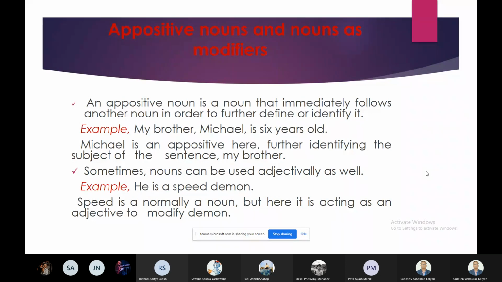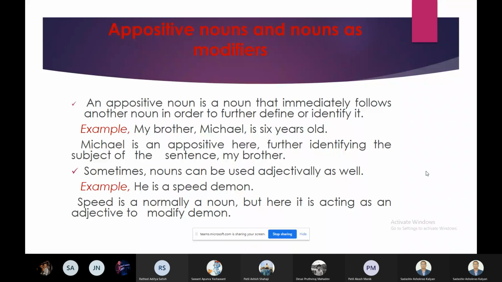Further, it is identifying the subject in the given sentence, my brother. At the same time, these kinds of nouns are also used adjectivally in various kinds of sentences. For example, he is a speed demon.